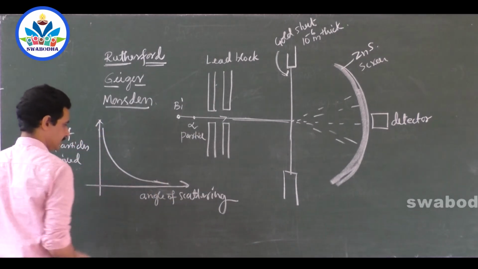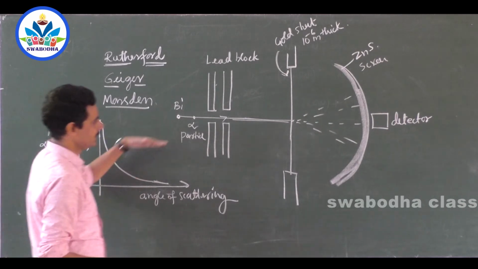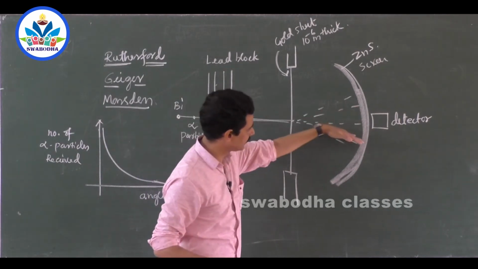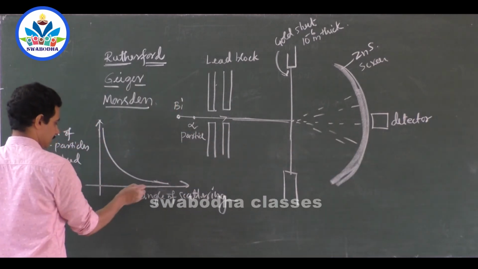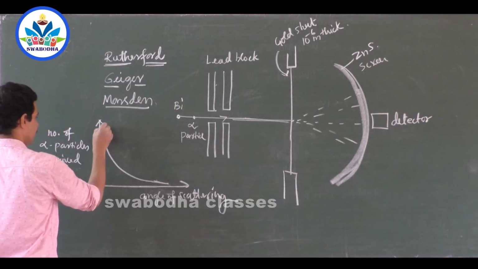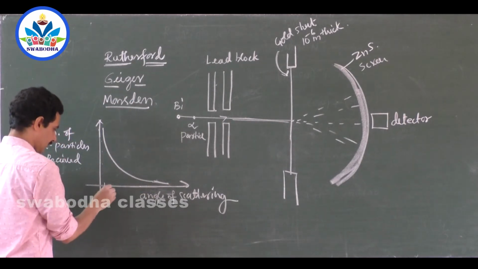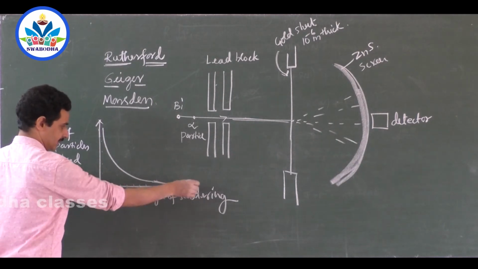What do you mean by that? For smaller angles of scattering, that means the alpha particles which move almost like this, like this, like this, for small angles of scattering, if you come here, the number of alpha particles is much more. Is it not so? For example, 0 degree, 10 degree, 20, 30, 40, 50, 60, 70, 80, 90, like this if I draw.